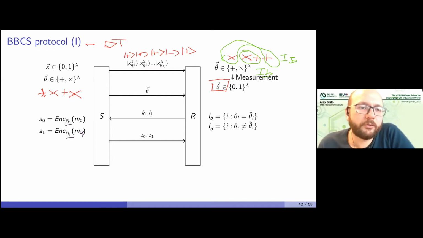Which encryption you use does not really matter, but it should be something information theoretically secure, but I don't want to get into much detail here. And she also computes A1, the encryption of M1 under the key XY1. And finally, she sends both to the receiver.